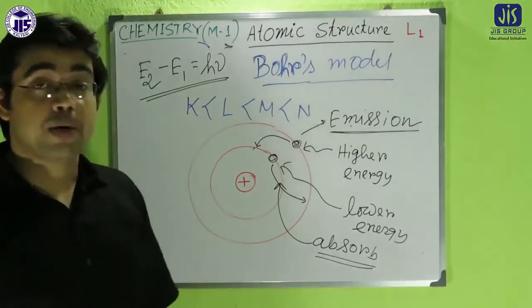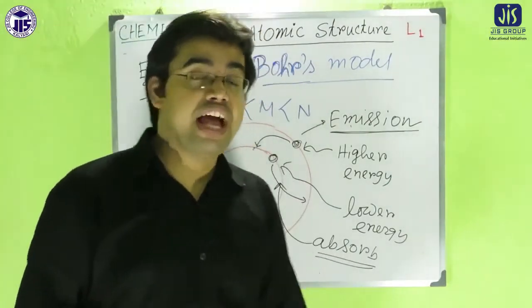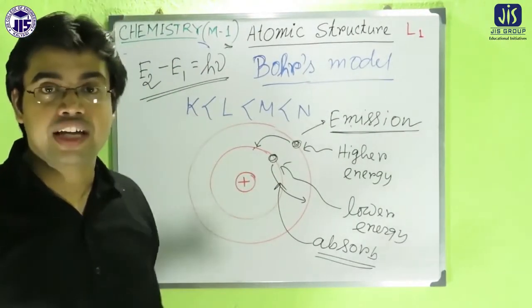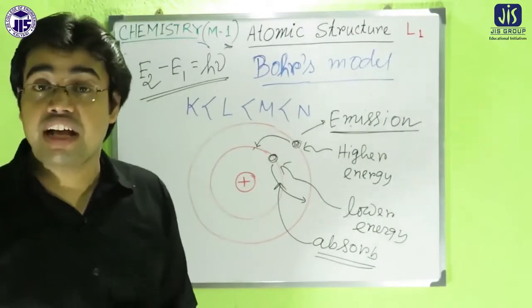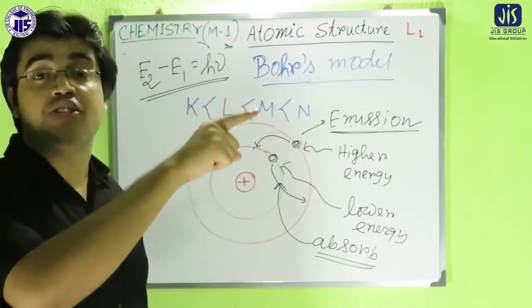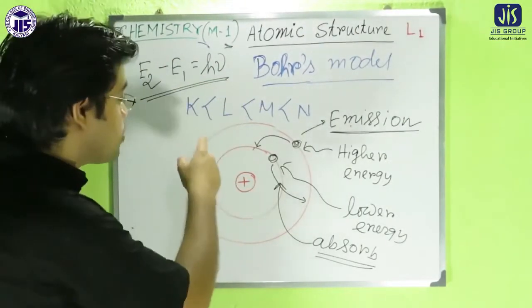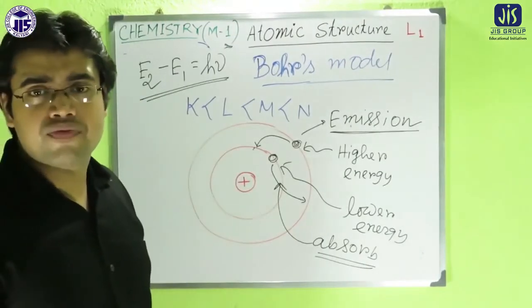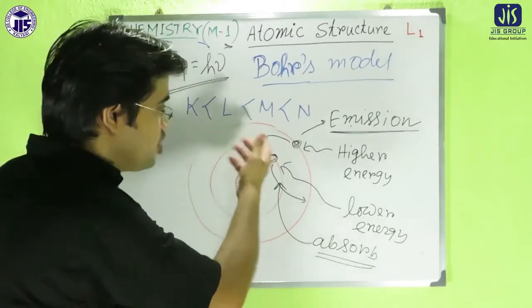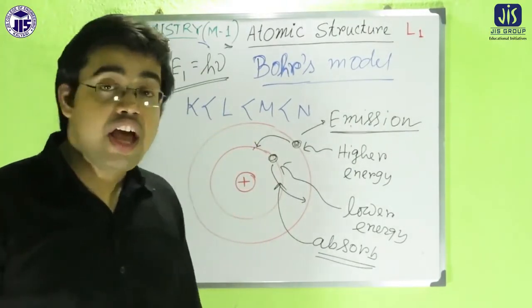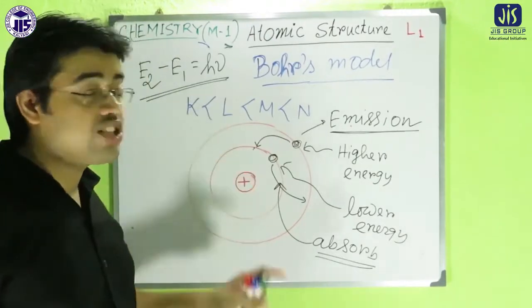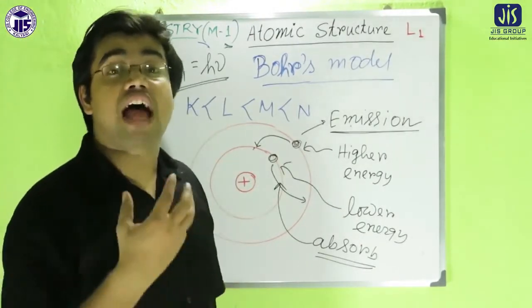What was the problem of Rutherford's model? The electrons continuously emit the energy. That's why the electron gradually jumps onto the nucleus in a spiral pathway. But here there is no such question, as there is no continuous emission of the energy. So we successfully explain the existence or the stability of the atom.